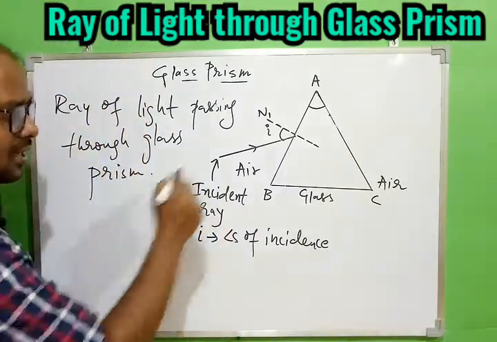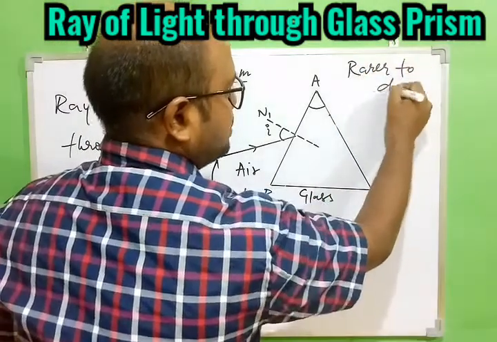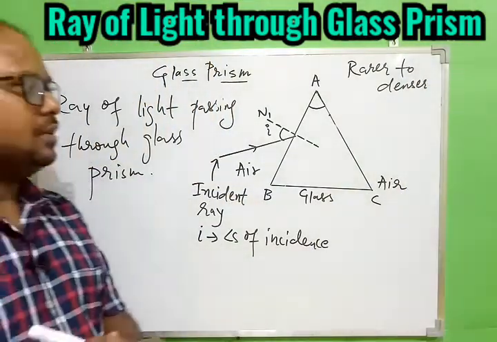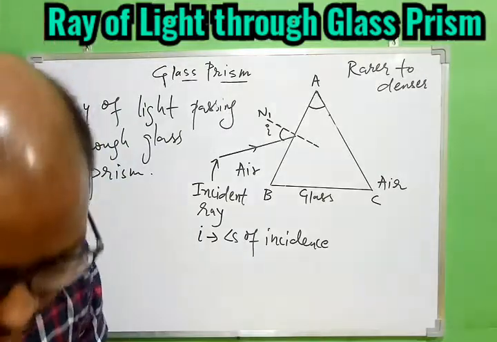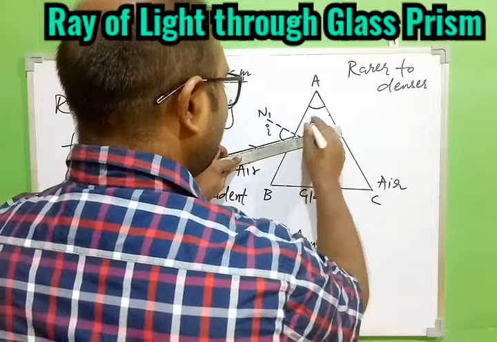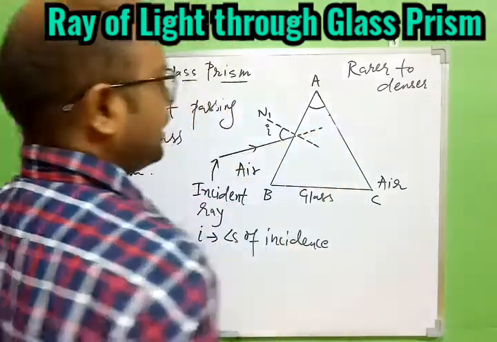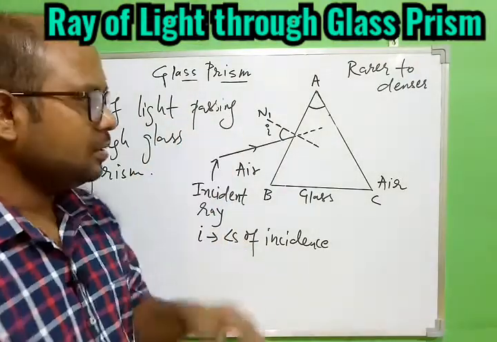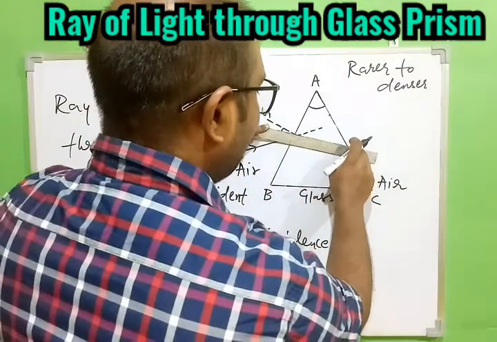So no doubt this ray of light is traveling from rarer to denser, and in that case we know what happens. The ray of light will bend towards the normal, that we have already understood. So if the glass prism were not there, the ray of light would pass straight away, but because of the refraction, because of the bending, it will move towards the normal. So this is the normal. Towards the normal means this ray of light will bend somewhere down.